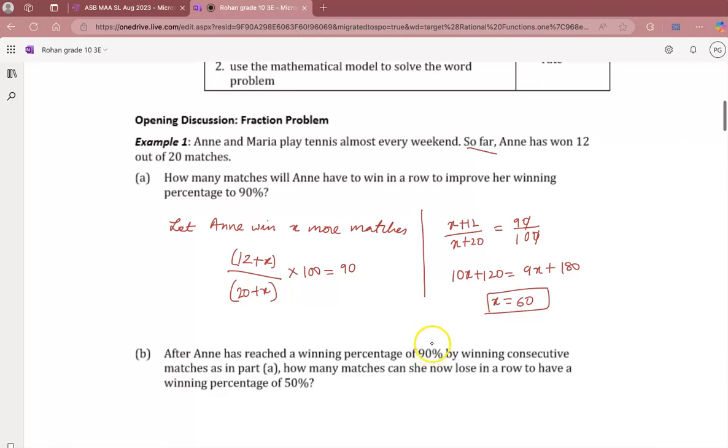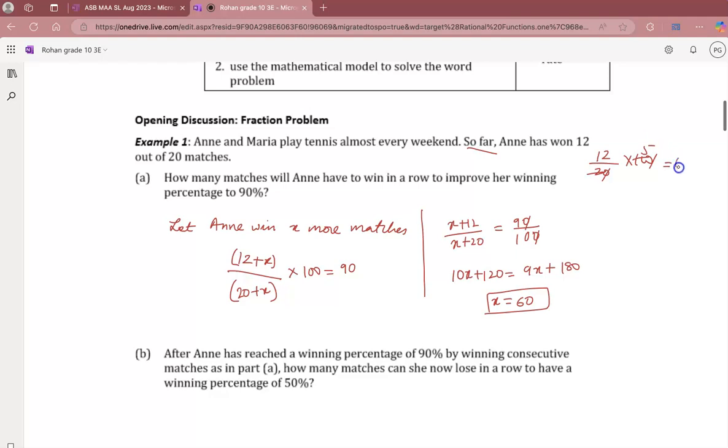So how many more matches will we have to play in a row? x is 60. 60 is such a high number, I think I made a mistake somewhere. But see, 12 upon 20 is 60%.